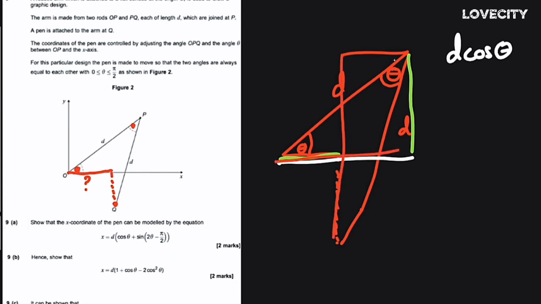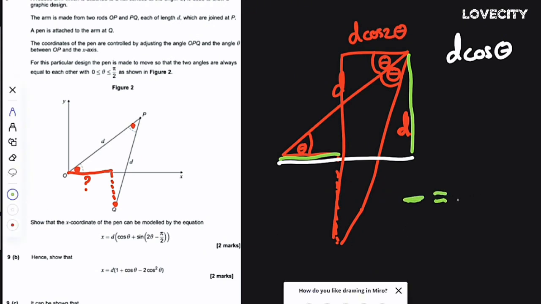Now by a Z angle, we get that this angle here must be theta. And because we know this length and we know an angle, we know that this length must be D cos 2 theta. So we get that our green length is equal to D cos theta minus D cos 2 theta.